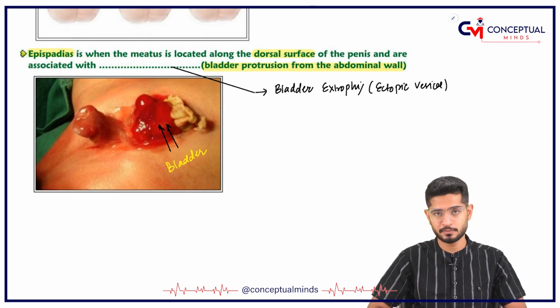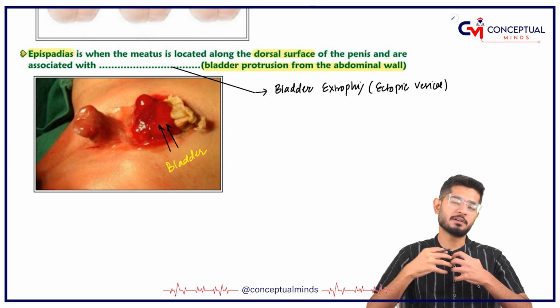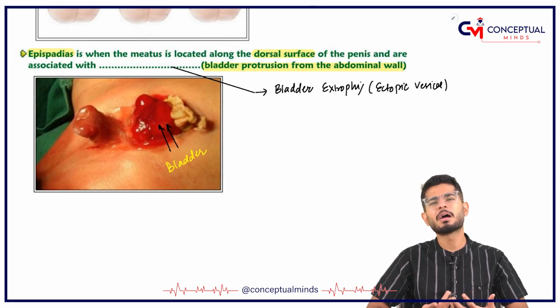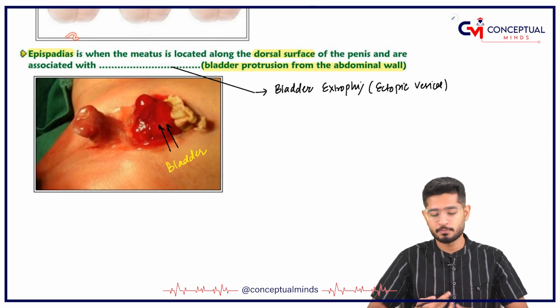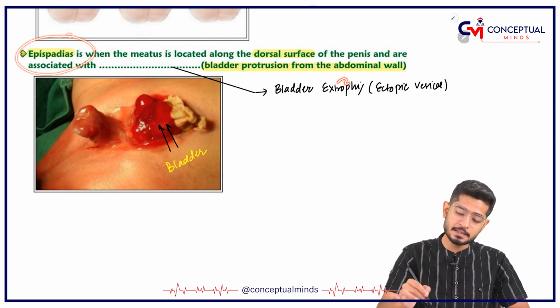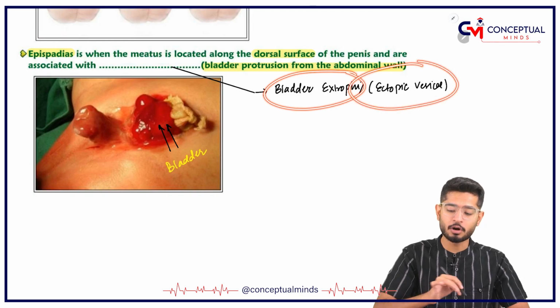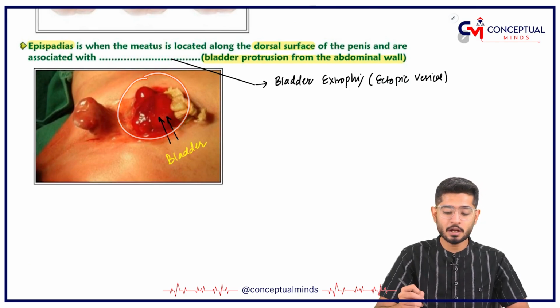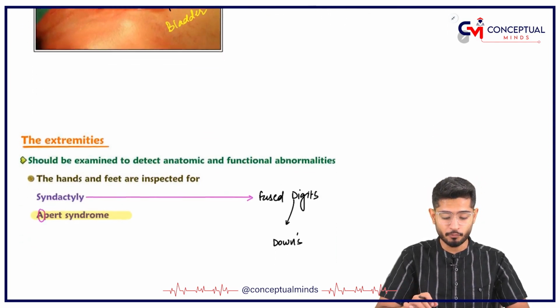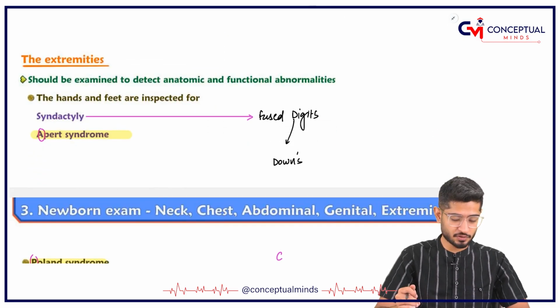These are seen in a very close combination. There is nothing to find the logic about it. It is an observation. So I am telling you that epispadias is commonly seen with bladder exstrophy. Can you see, this is the bladder which is coming outside the abdominal wall. Coming on to the extremities.